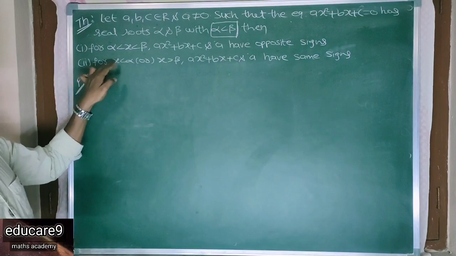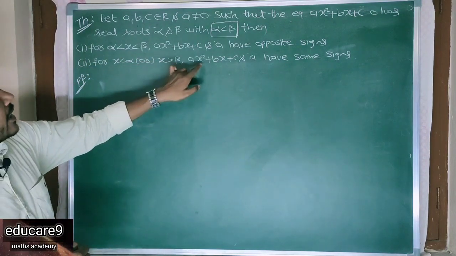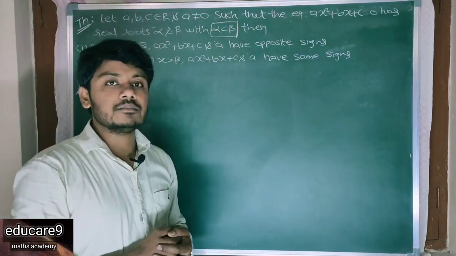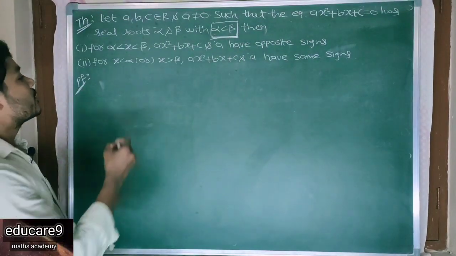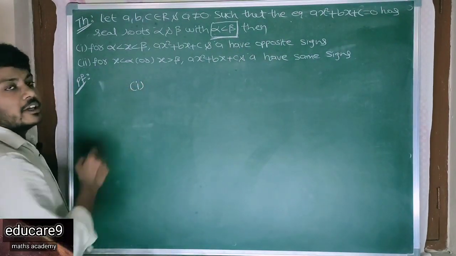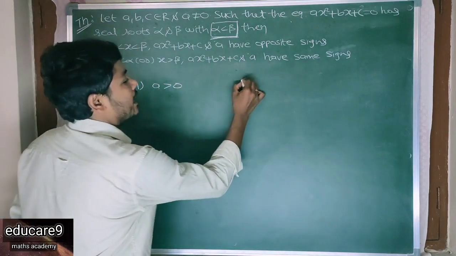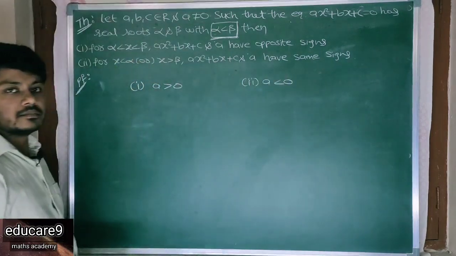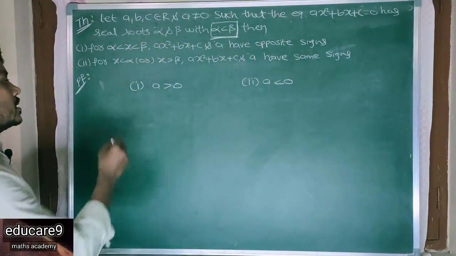And if x is less than alpha or x is greater than beta, then the expression and a have the same signs. From the graph, you can say simply, in the first case a is greater than 0, and in the second case a is less than 0.